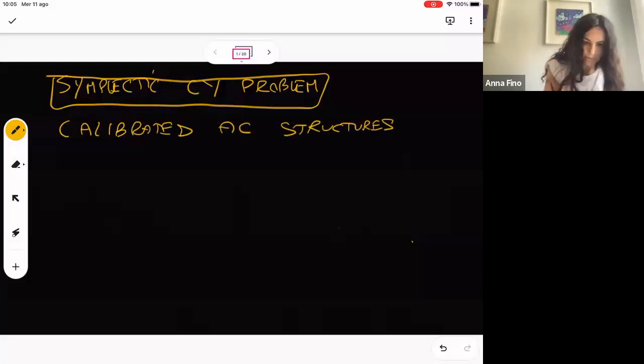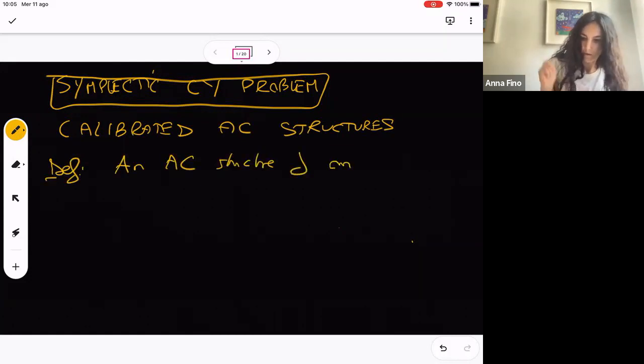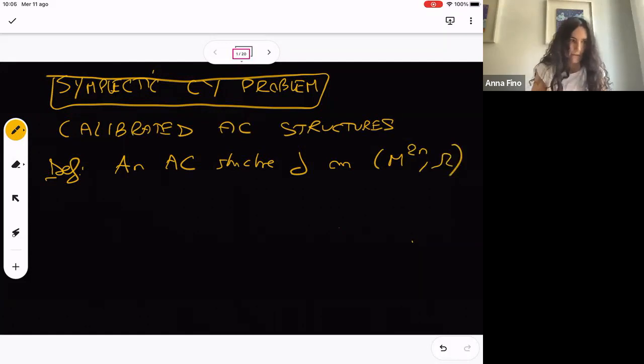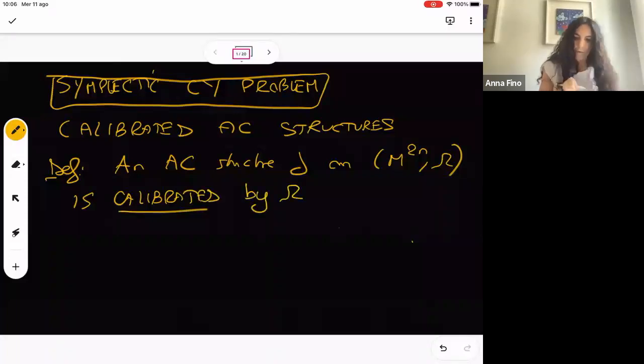So we give the definition: an almost complex structure J on our symplectic manifold, where omega is a symplectic form, is calibrated by omega if we have two conditions.